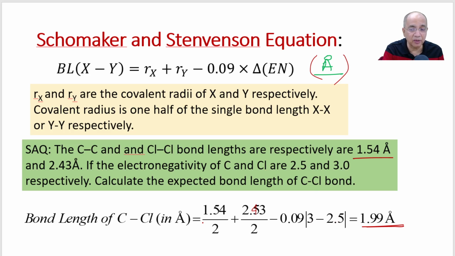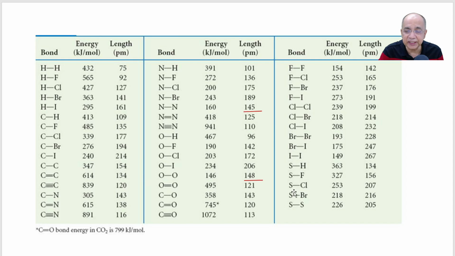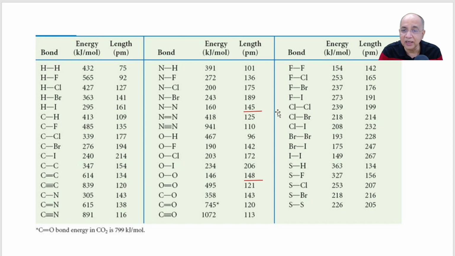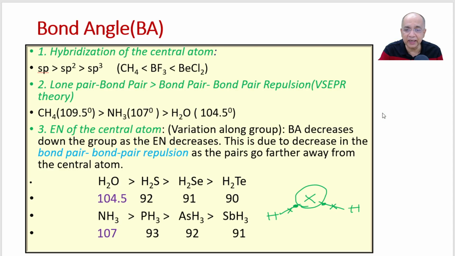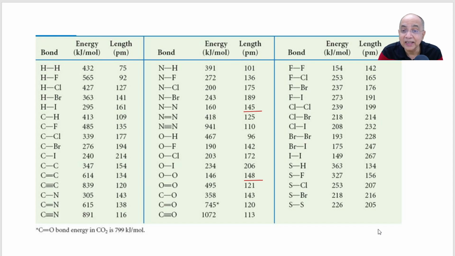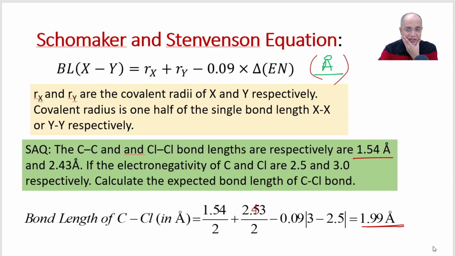The answer comes to 1.99, against the actual value of the C-Cl bond, which is 1.99. So by chance it exactly matched, but in most cases they are approximate.